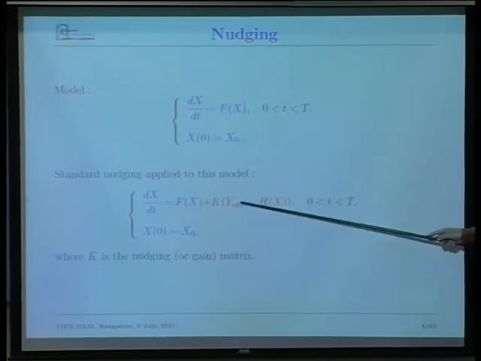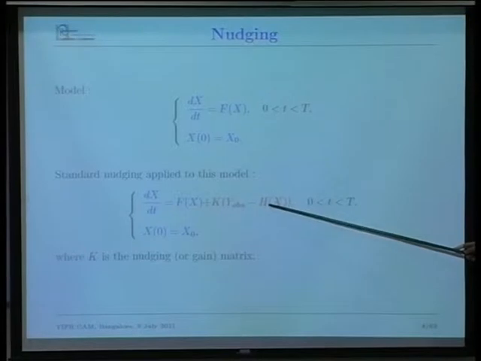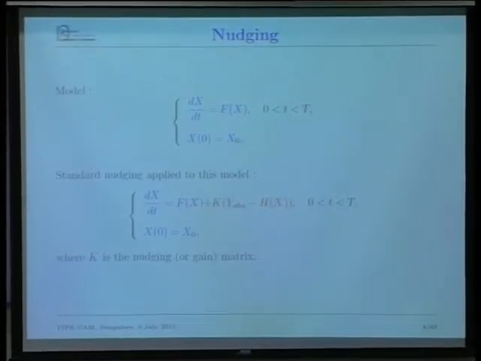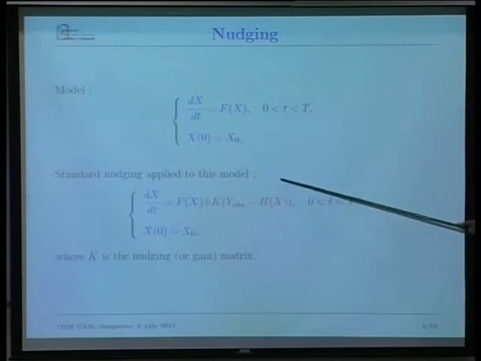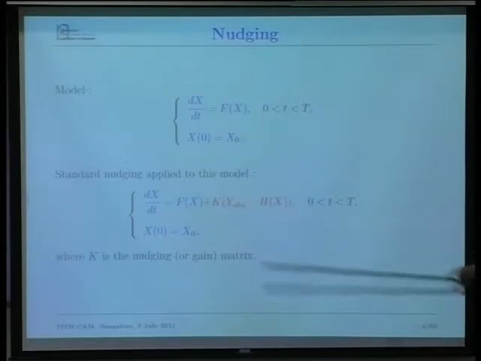And you assume that you have some observations of the system, y-obs, and you need some observation operator H to compare the observation and the model state x. So the standard nudging is simply to add a feedback term to the observations directly inside the model equation. And K is the nudging matrix.